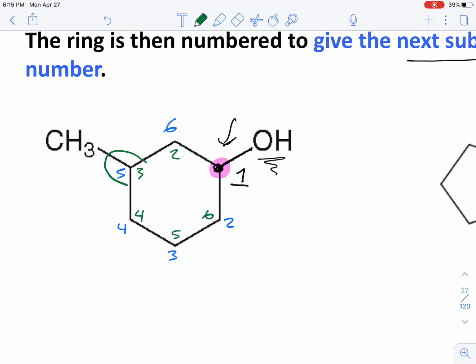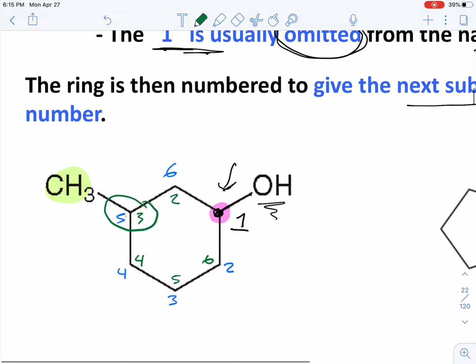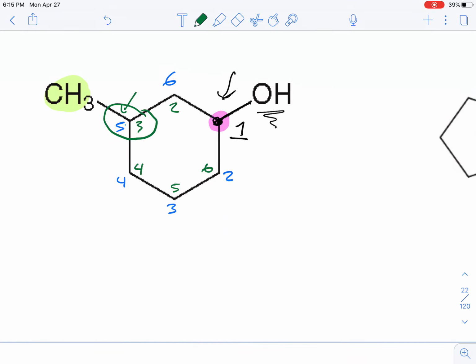Looking at this methyl group, which represents my substituent because it's not embedded in my parent chain, notice that you have two different numbering systems, 5 and 3. You are going to choose the number that's the least.